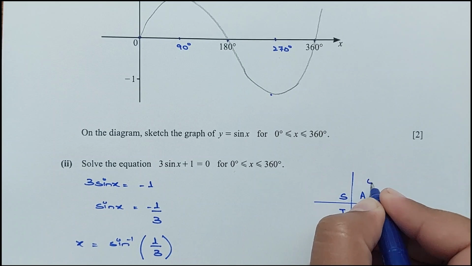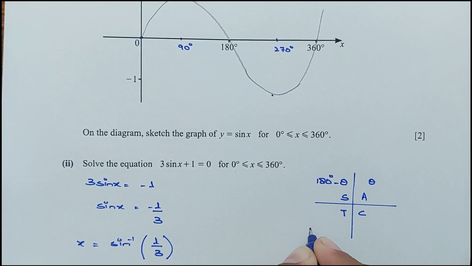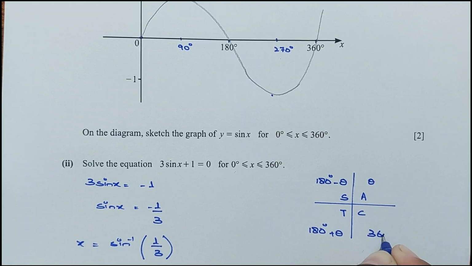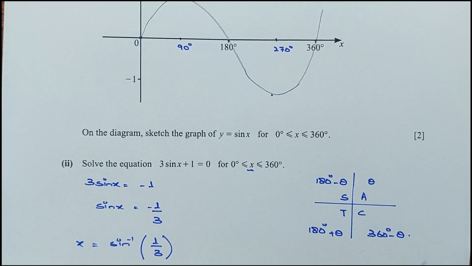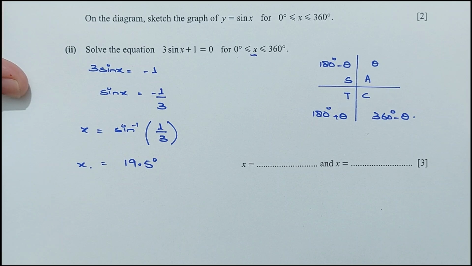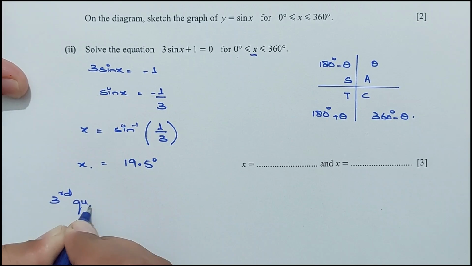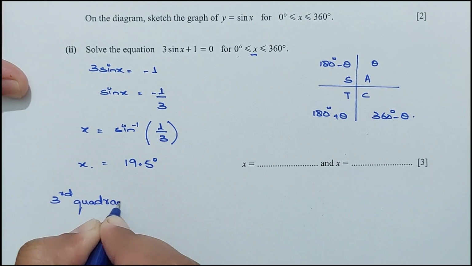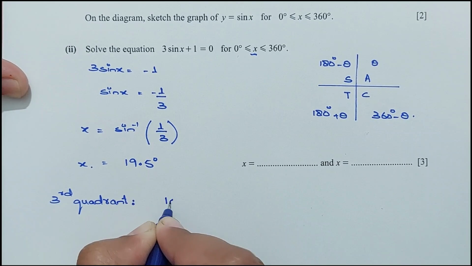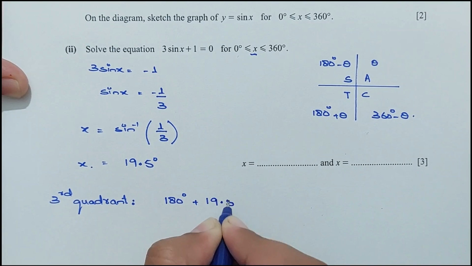Here we use theta, here 180 minus theta, here 180 plus theta, and here 360 minus theta. In our case, theta is basically x. We have to find two values. In the third quadrant, sine is negative, and the solution is 180 plus the x value, 19.5, which is 199.5.